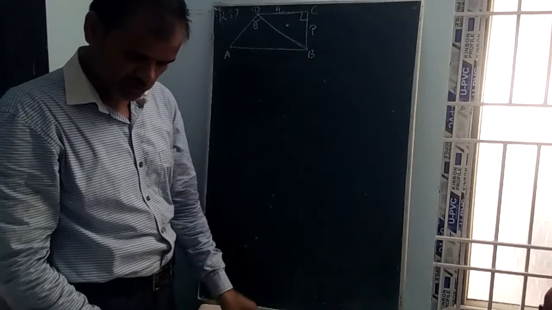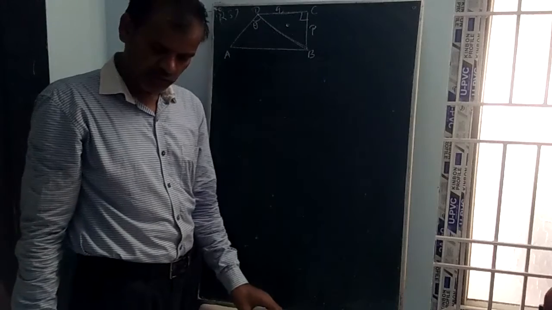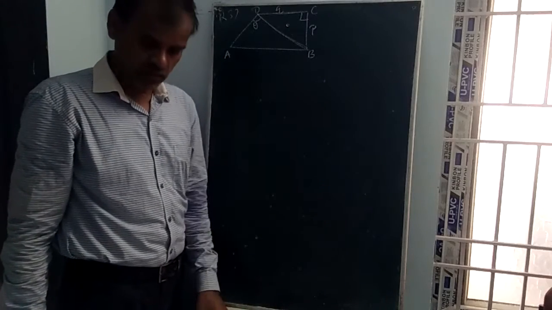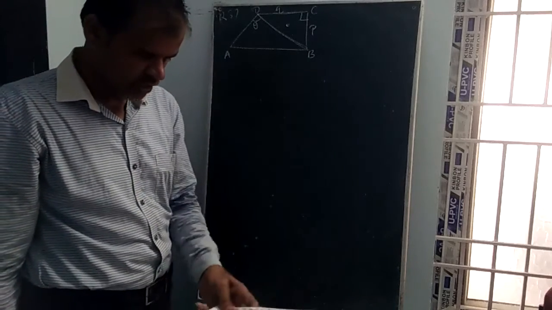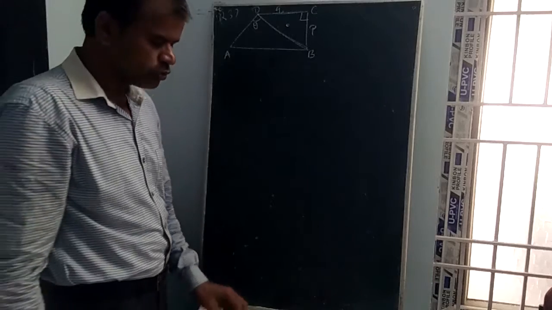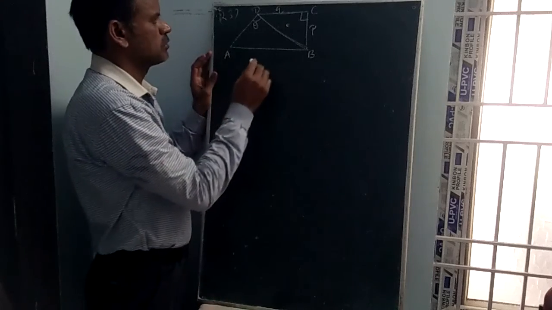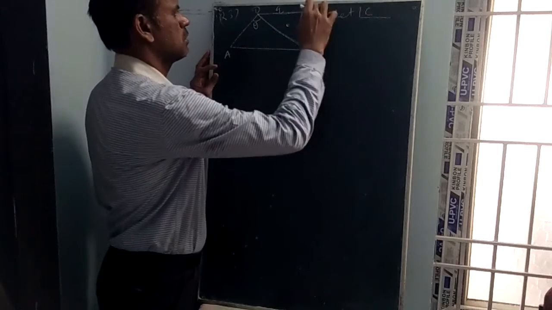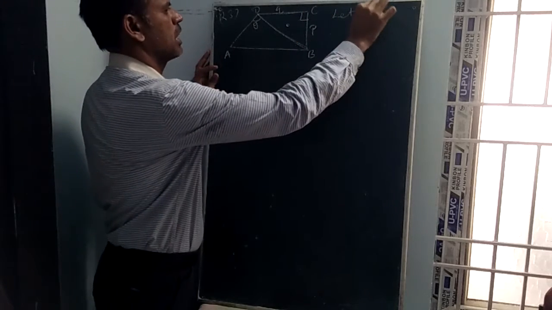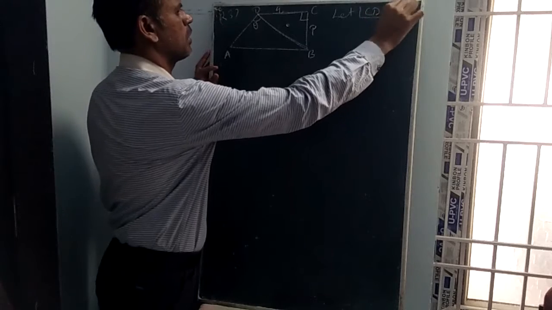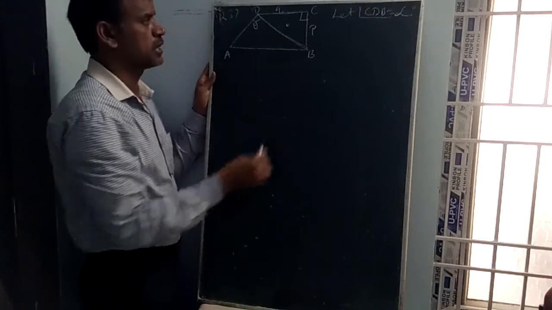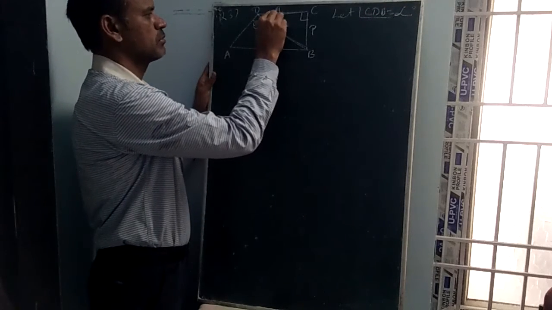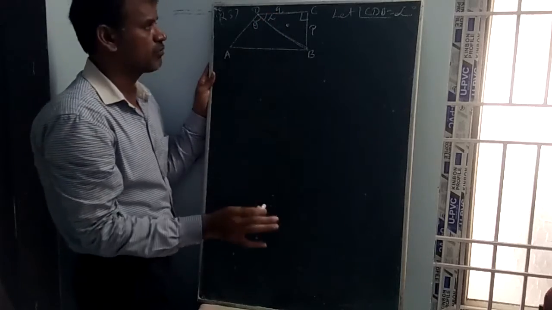The result of AB we need to calculate. But everything is given in the form of sin theta and cos theta, so let us think the hint is that we should use the sine rule. Let angle CDB be alpha.